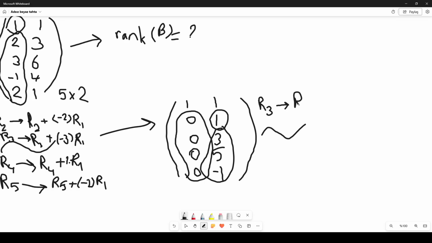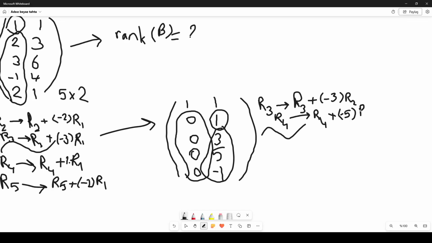For instance, for the third row, I need to replace row 3 by row 3 plus minus 3 times row 2. And for row 4, I need to replace row 4 by row 4 plus, this time, minus 5 times row 2, right?